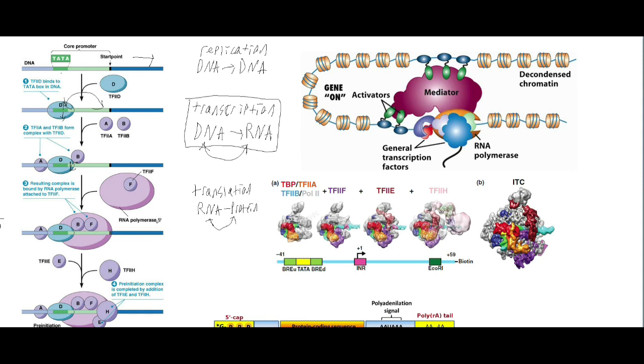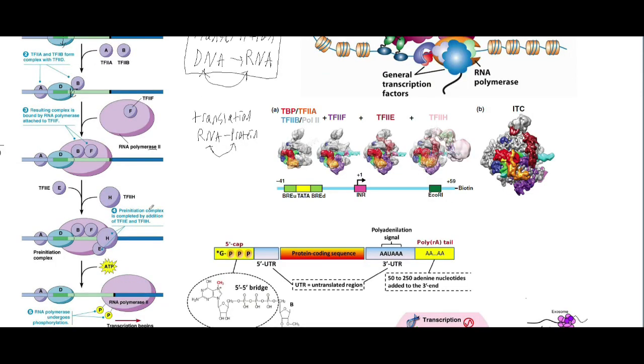And maybe now is a time, better late than never, to say when you see ASE at the end of the name of a protein like that, that means it is an enzyme. So the RNA polymerase and the DNA polymerase are both enzymes because they catalyze reactions.